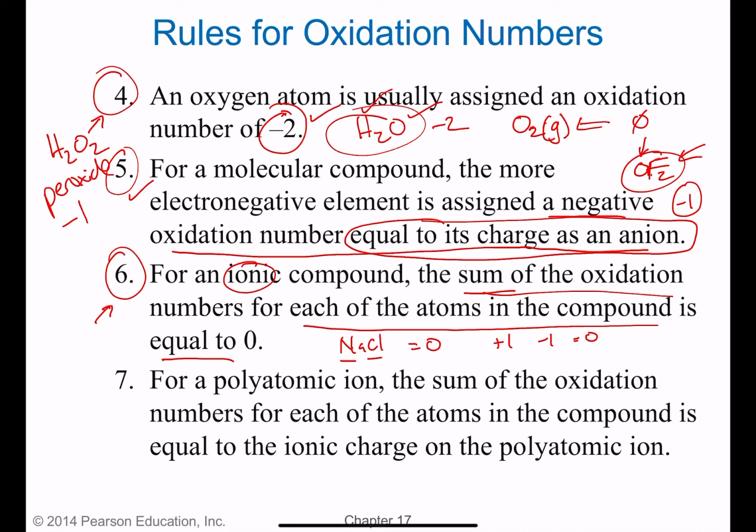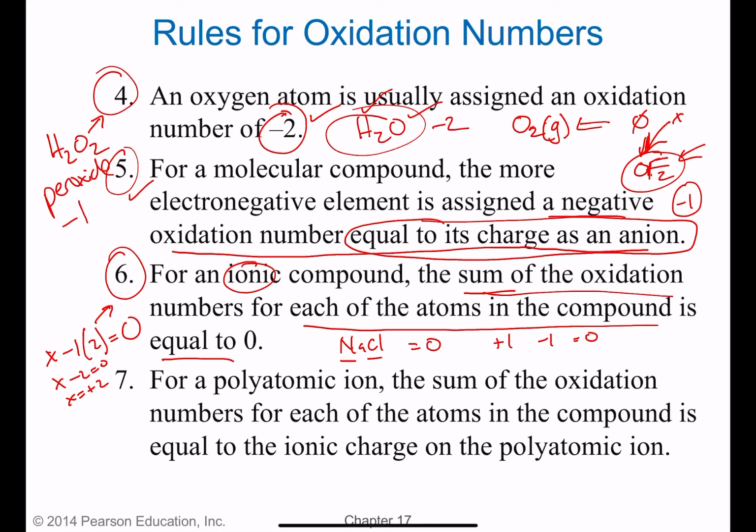We can use this to figure out what the oxidation state of oxygen is here. It still has to sum to 0. So if I use X to represent my oxidation state of oxygen in this compound, and then I've got a -1 for the fluorine, and there's 2 fluorines, it has to sum up to 0, which if you do this math, you'll have X minus 2 equals 0. X is going to equal +2.